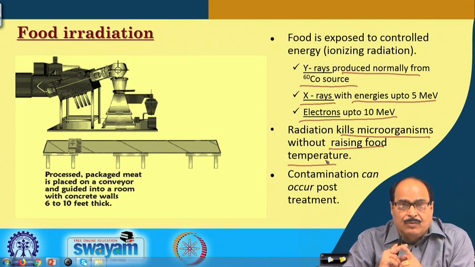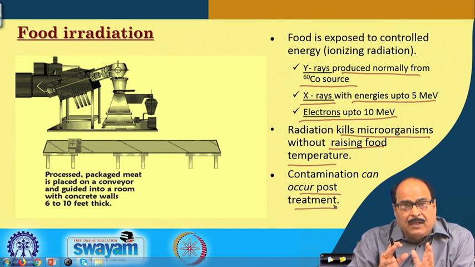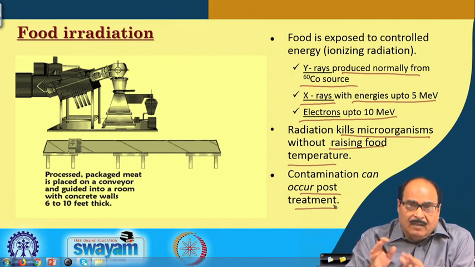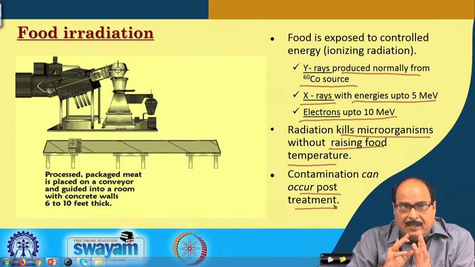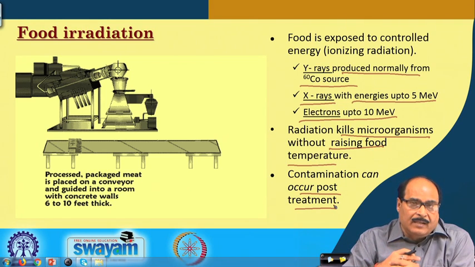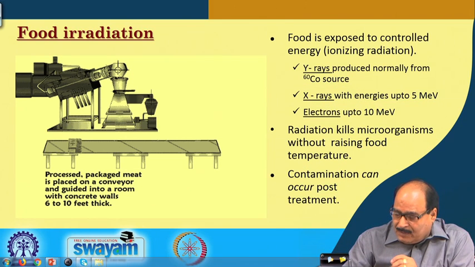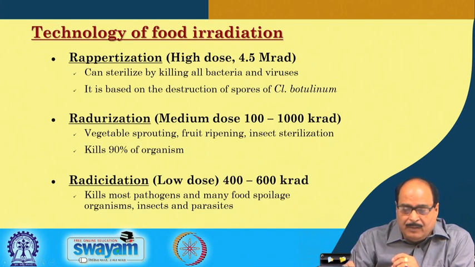However, one has to take care, as contamination can occur post treatment. After the food material is exposed to irradiation, one must properly take care that it does not come again in contact with microorganisms, etc. So, recontamination should be avoided, otherwise the whole purpose of the process will be defeated.